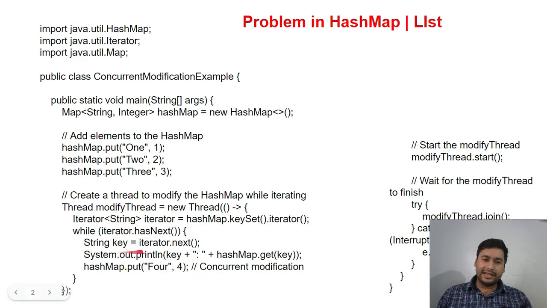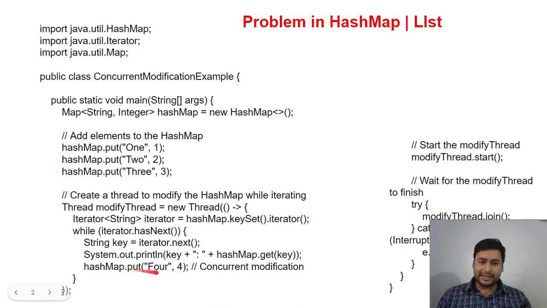If you are getting some data and printing, that is fine, but at the same time you are adding data inside this HashMap, so at that time you can get the concurrent modification exception. Why? Because this iterator is iterating. While iterating it only has three data, 1 2 3, but after one iteration it sees this now has 4 data.